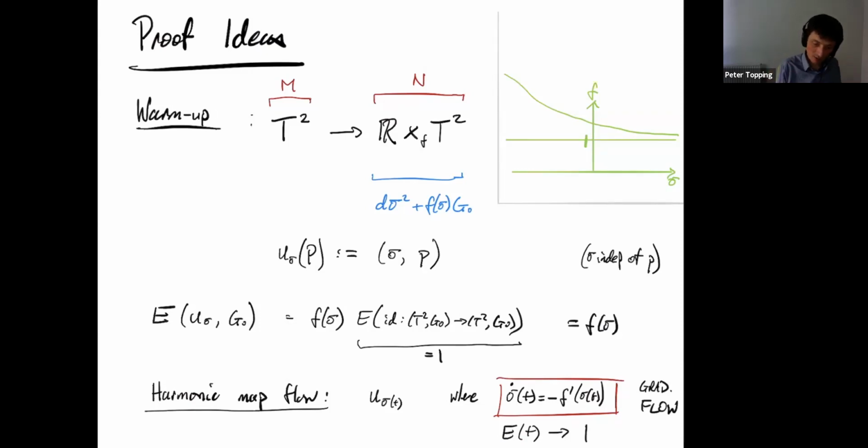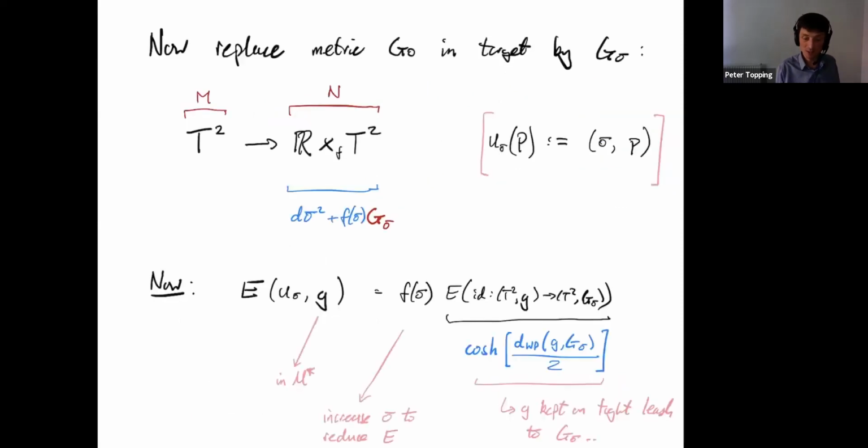In particular, think about this warping metric explicitly: d sigma squared plus f of sigma g0. That's g0, which I'm going to change now; I'm going to replace it by g sigma. Now I've got a metric on the target which is still warped by my function f, but it's not one fixed metric I'm warping.